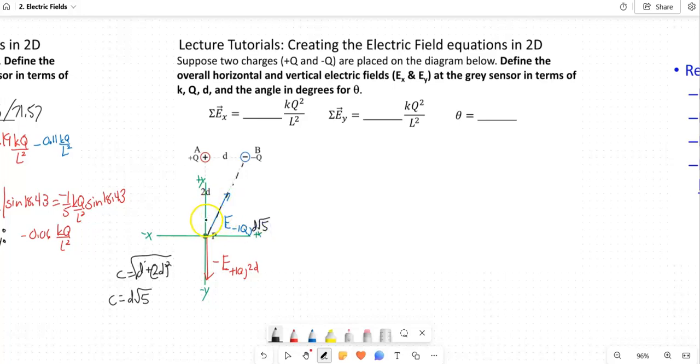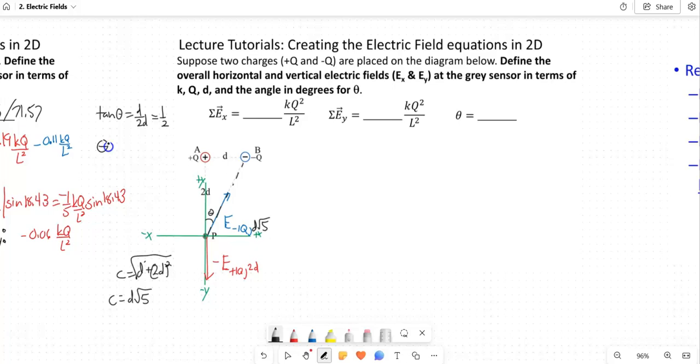Now let's use this as our angle theta. Okay? Well, if this is theta, tangent of theta is going to be equal to d over 2d, which is 1/2.